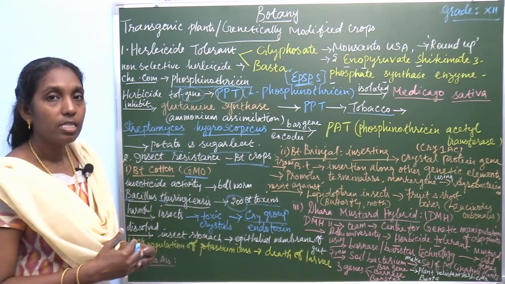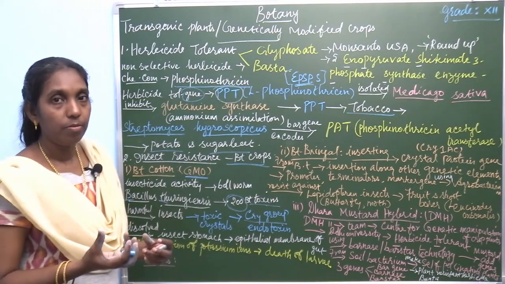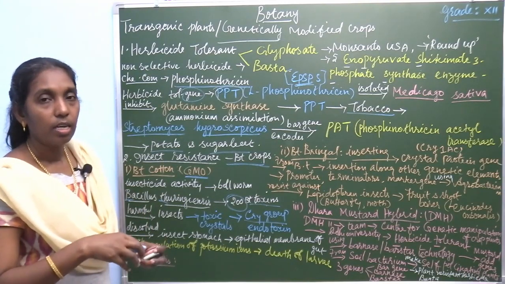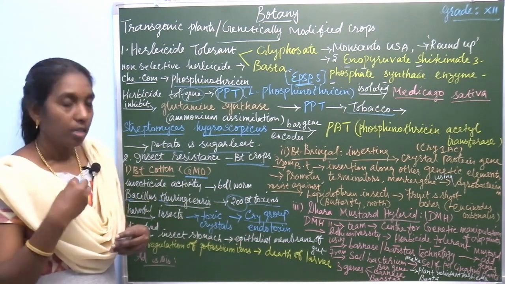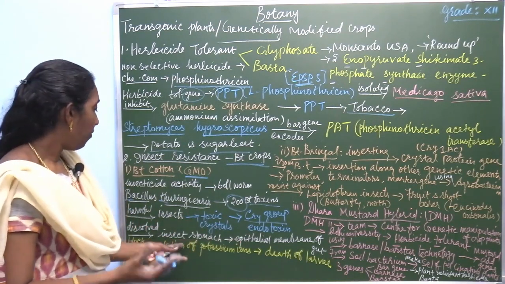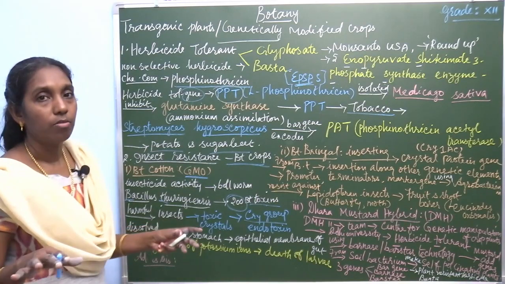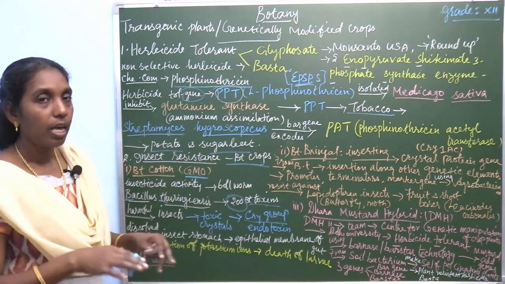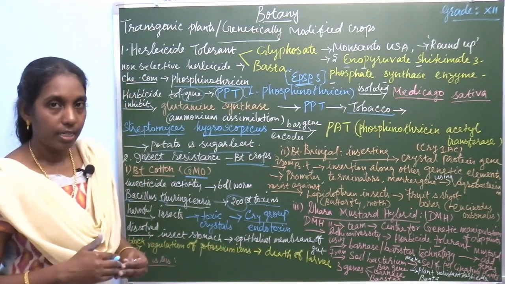And when the bollworm comes and eats the plants of this cotton, these toxic substances affect the stomach of this insect. The toxic substance dissolves in the stomach and degrades the epithelial membrane of the gut.